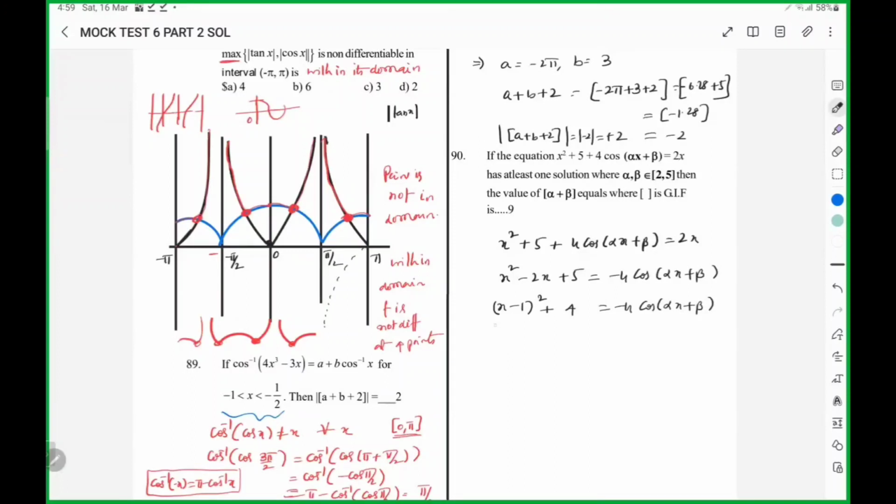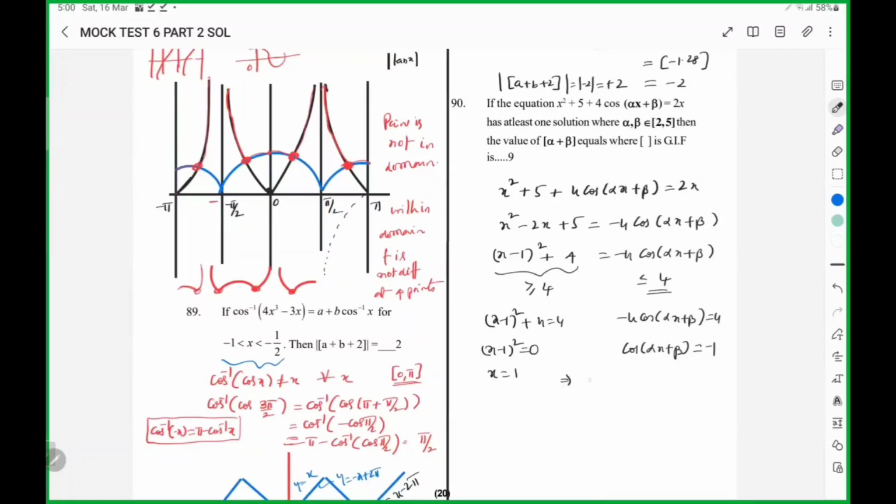So LHS is greater than or equal to 4. RHS is less than or equal to 4. So both coincide when they are 4. That is, x minus 1 whole squared is 0, and cos of alpha x plus beta is minus 1.